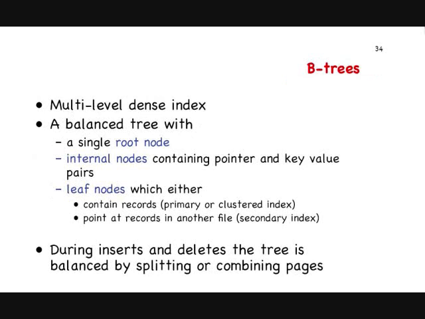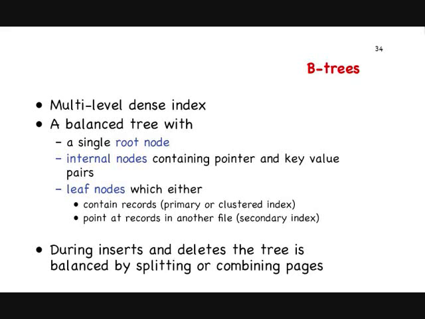And you know about B trees because every time you use Postgres, you go and create it. So that's pretty much what every DBMS does by default. Now, a B tree is a multi-level dense index.